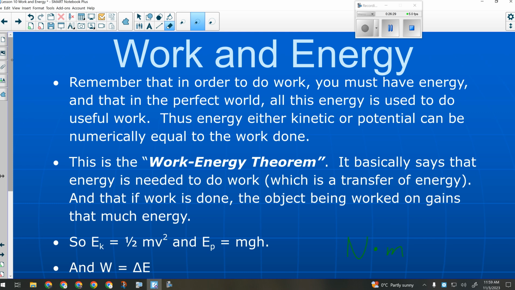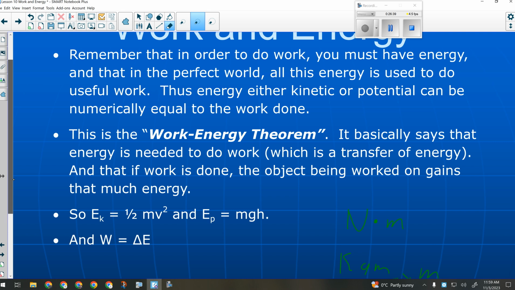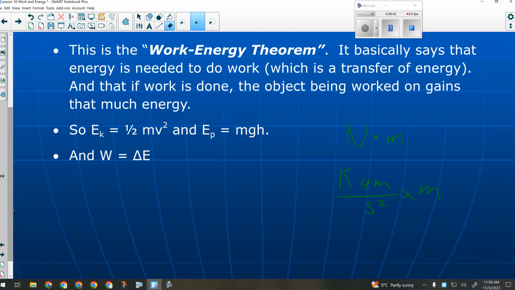And similarly, once you have energy, you have the ability to do work. So they go together like that. Work is a change in energy, and energy is the ability to do work. Now, the two types of energy that are part of mechanical energy are kinetic energy and potential energy.